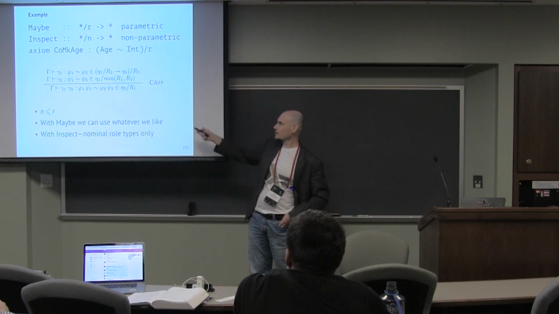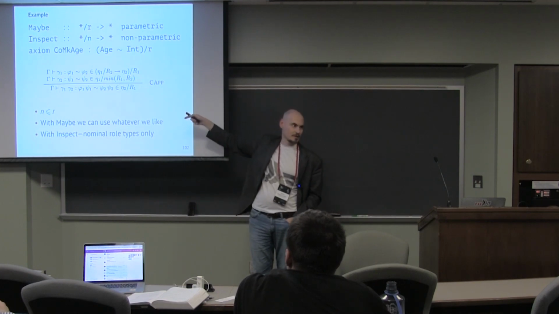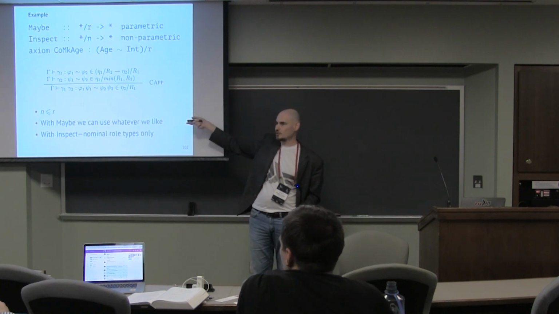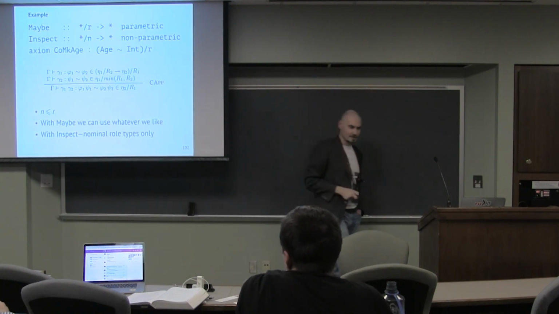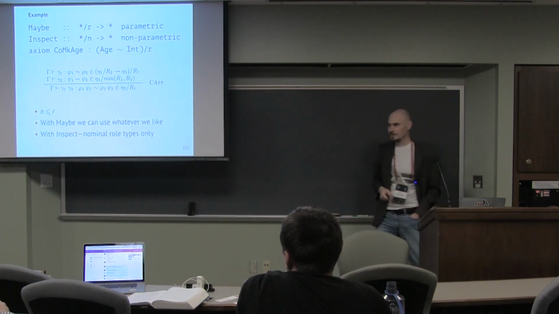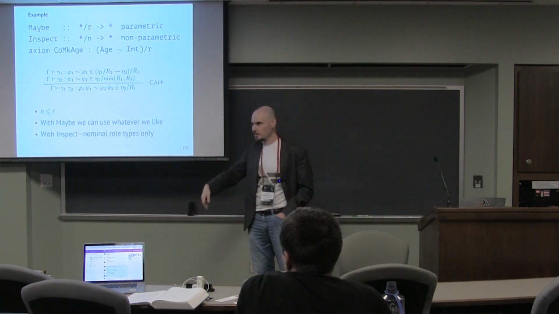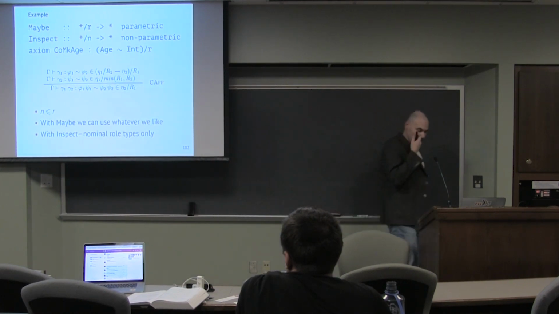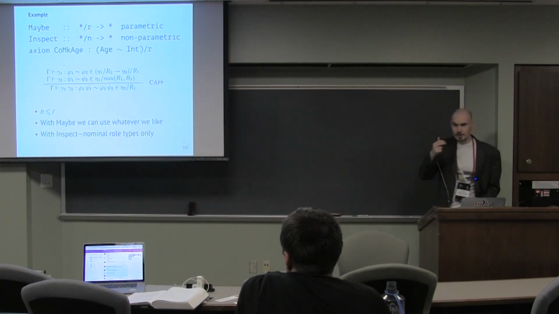Technically, this minimum cannot be R in the presence of nominal equality. That's it. So it's so simple. Just one inequality here. So sometimes we can type check, like for maybe, and sometimes we cannot, like for inspect. So that was a solution, and this solution introduced system FC2.